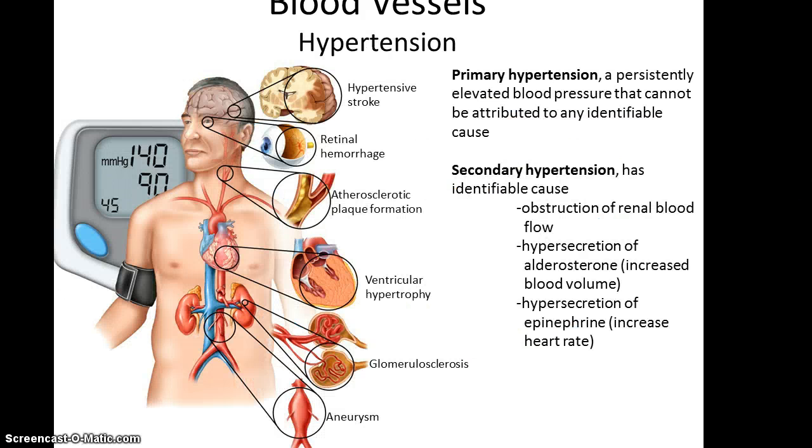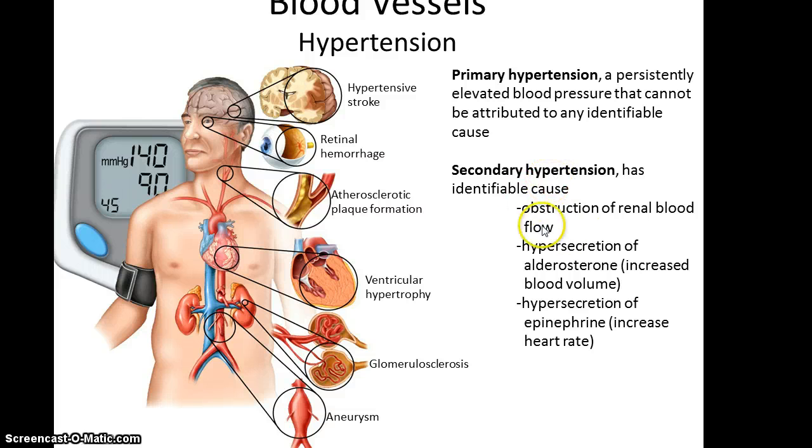Finally, a problem that people could have that relates to blood vessels is hypertension. Primary hypertension is when you persistently have an elevated blood pressure, and usually there's not an easily identifiable cause. Secondary hypertension is, again, persistent elevated blood pressure, but now there seems to be a cause that can be identified and treated more directly.